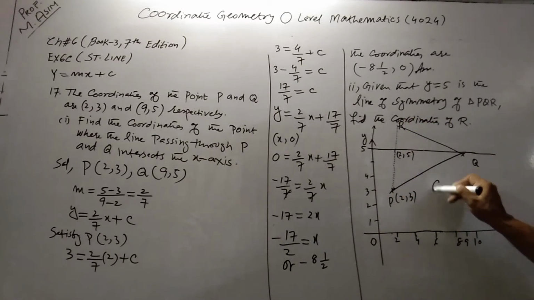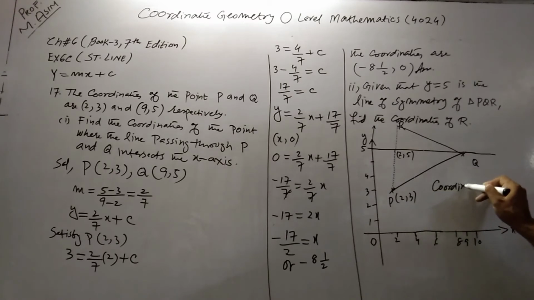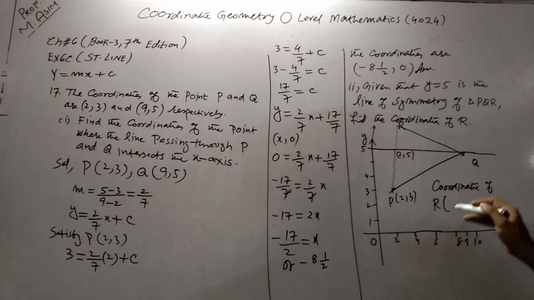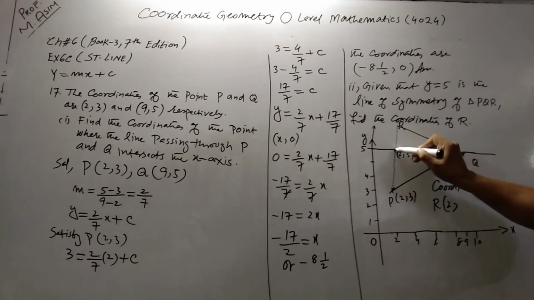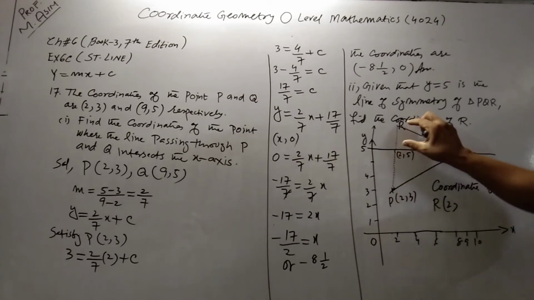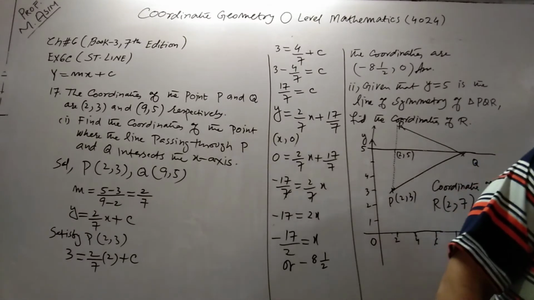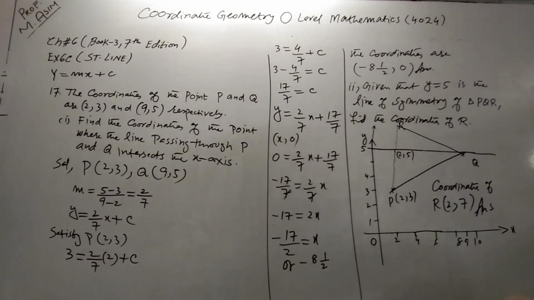Therefore the coordinates of R: the value of x is not changing, so x is 2, and this one is 5, and the gap is 2, therefore this is 5 plus 2, 7. So the coordinates of R are 2, 7. I hope you understand. The diagram is not very good. I am not good at drawing, but this is the answer.